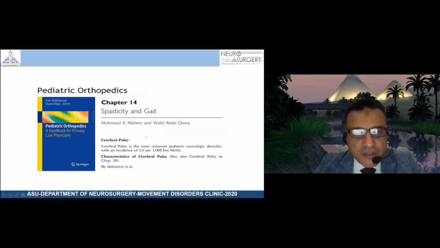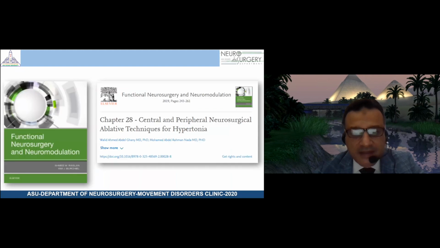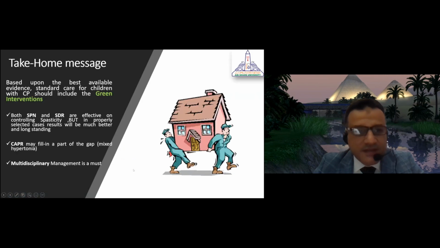We had 2 published chapters in the literature about the spasticity and gait and the central and peripheral neurosurgical techniques for hypertonia, in this book, Functional Neurosurgery and Neuromodulation, published by Professor Aslan and Kempershil. We can download the chapters and read every detail.